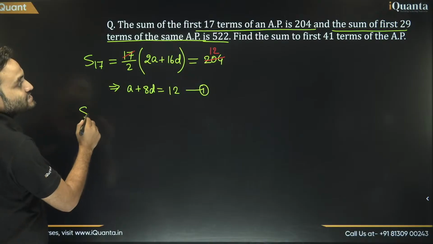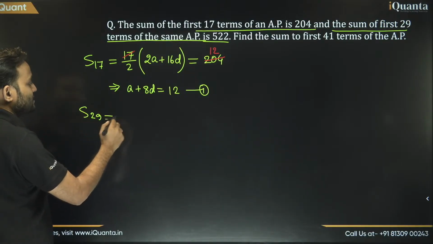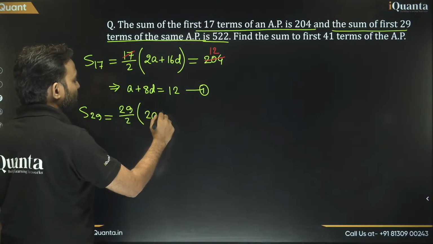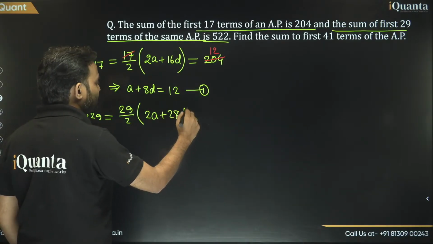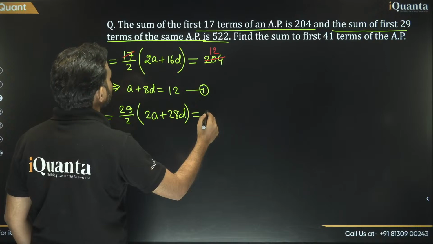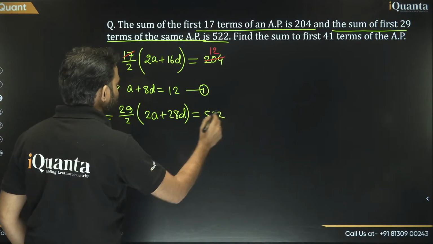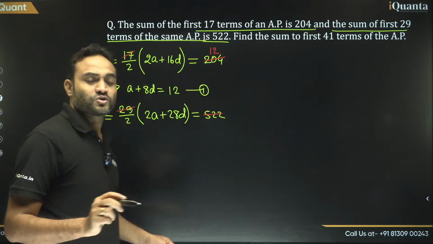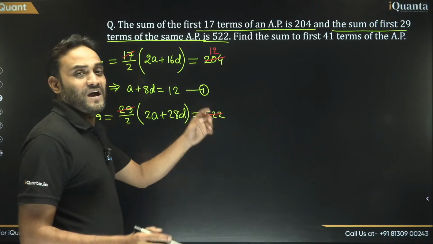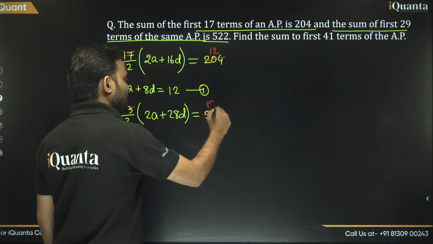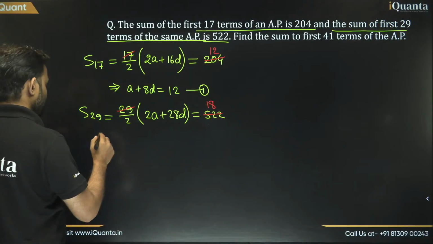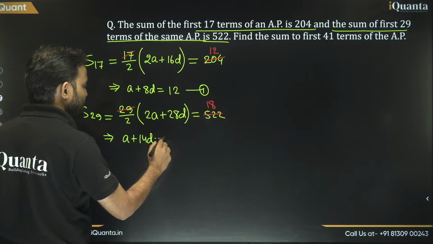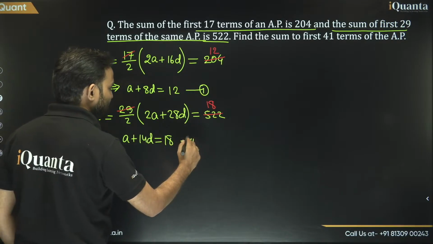Then S29 is equal to 29 by 2 into (2A plus 28D), which is 522. Now 29 into 20 is 580, this is 580 minus 58, so this is 18 times. From there we can say A plus 14D is equal to 18. This is our second equation.